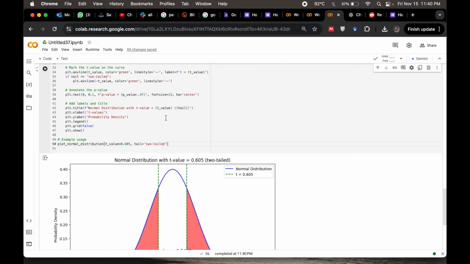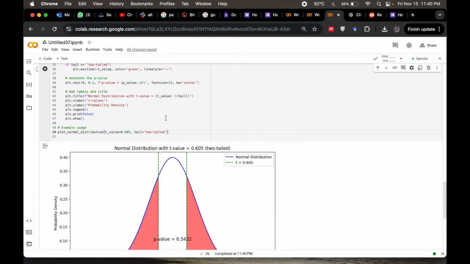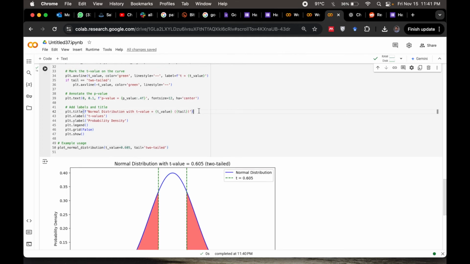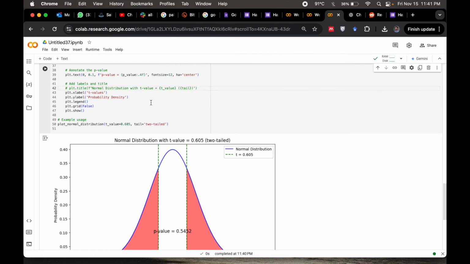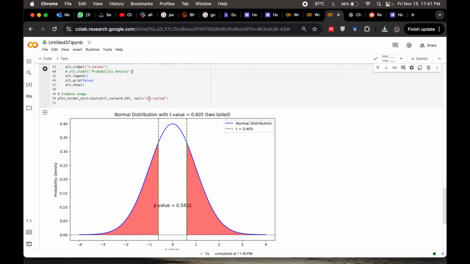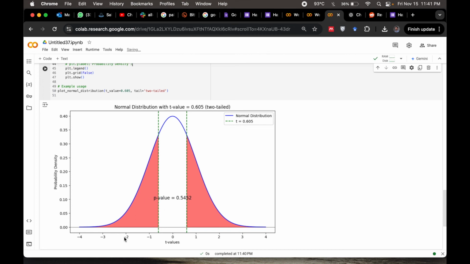I'd probably not want the title shown when I use this figure in a report. I would probably have this title mentioned separately. I don't want to do probability density; I already know I'm working with areas under the curve.